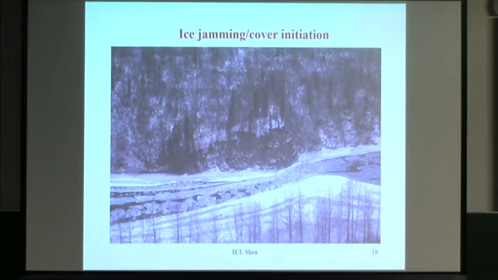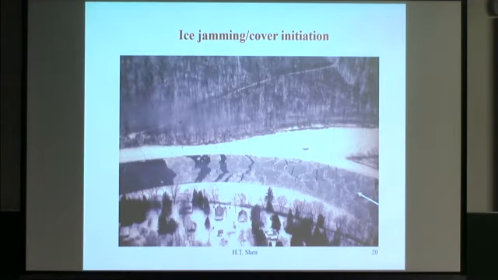Okay, this just happened. I got this on the Susitna in Alaska, and this shows the beginning or the formation of the ice jam. Flow upstream, downstream, and it gives you some idea of the jamming mechanism.